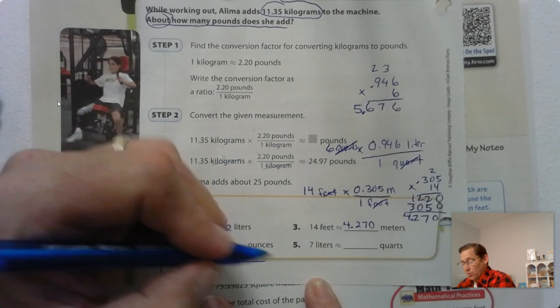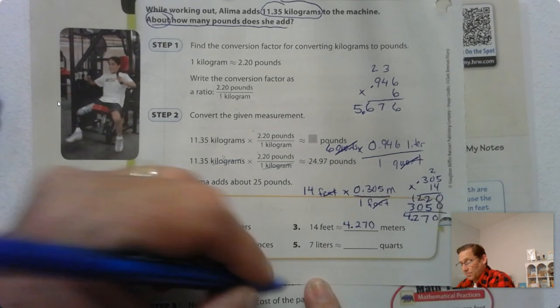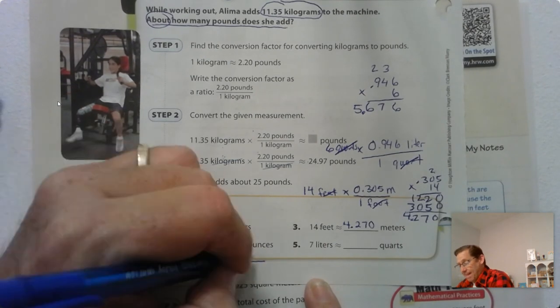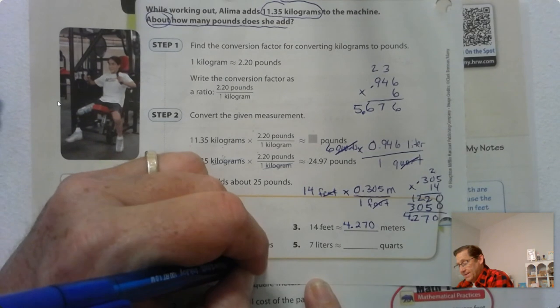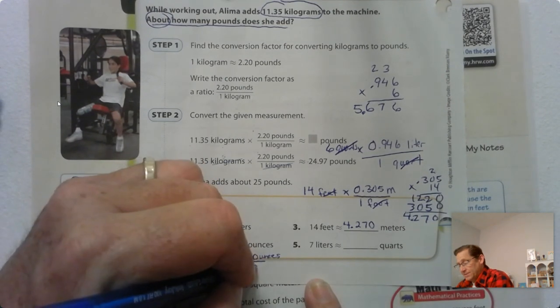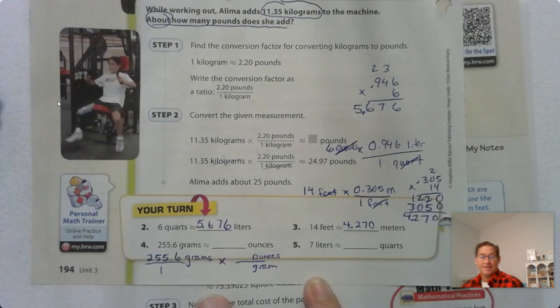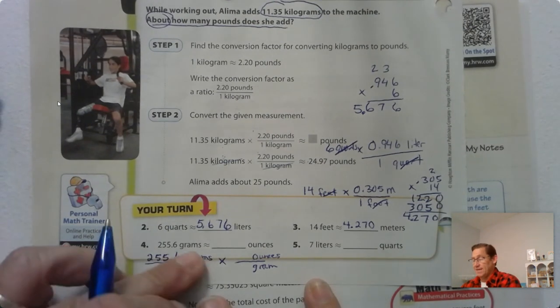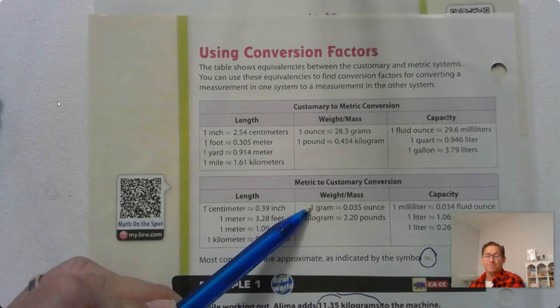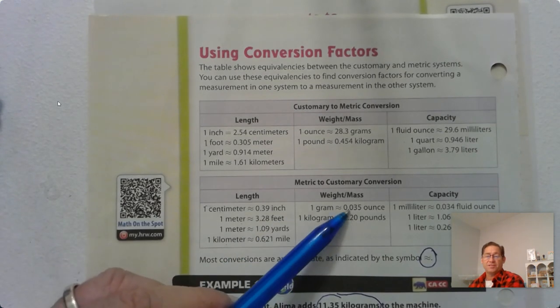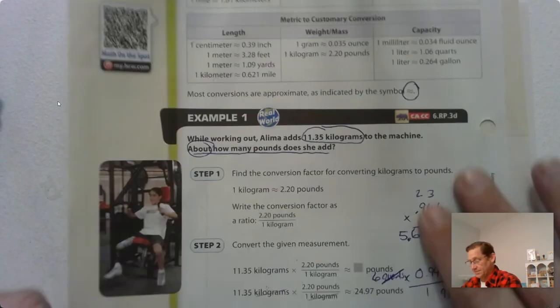So we want to know how ounces and grams are related. Okay, because we want the grams to cancel out. So go to the chart and find 1 gram, and we're changing it into ounces, so that's 0.035 ounces.